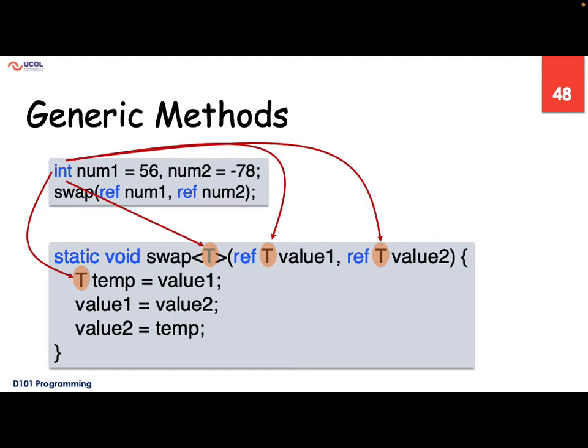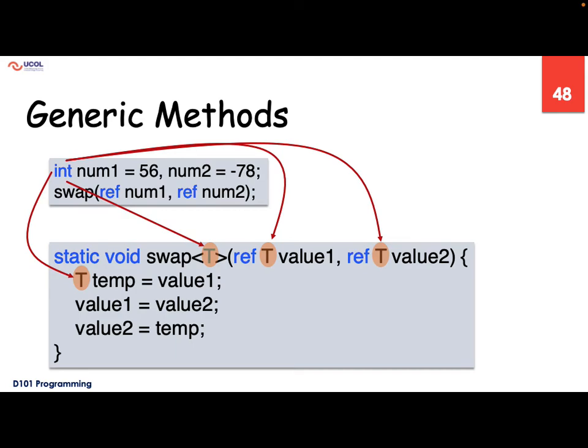Because in the very next line we can say float f1 and f2 are equal to some values and call the same method. If it were compile time, it would only accept one T, because it would become static, it would not become a dynamic thing.